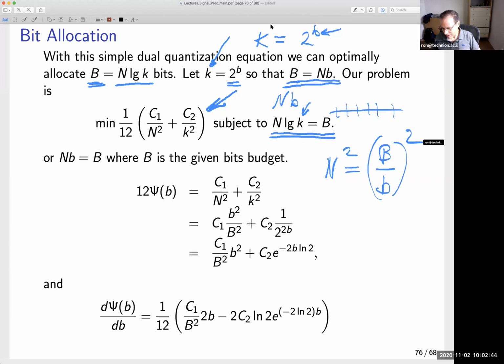So I plug it in, and instead of k squared, I could write 2 to the 2b, which is k squared, which is basically this guy here.